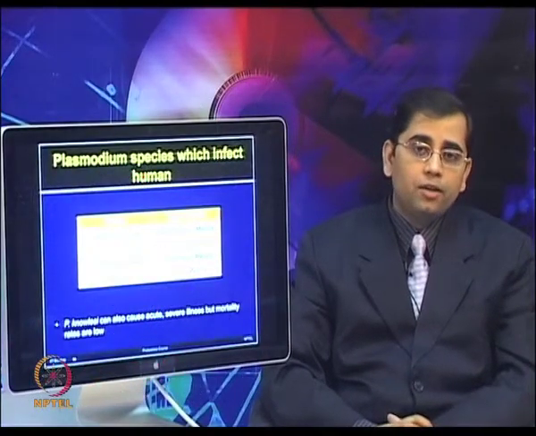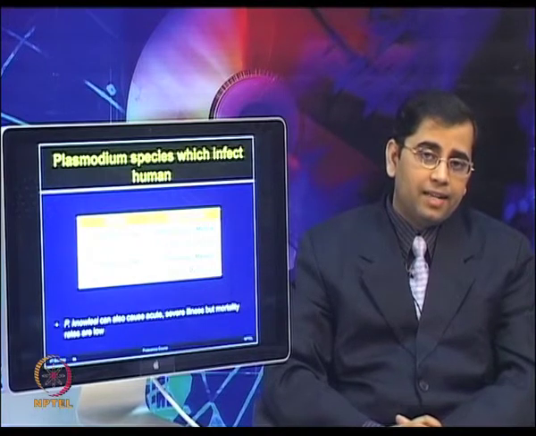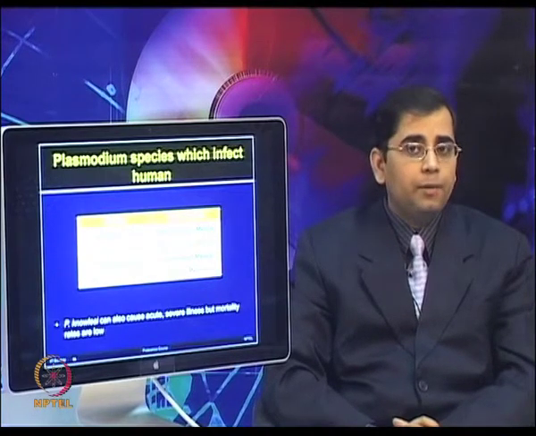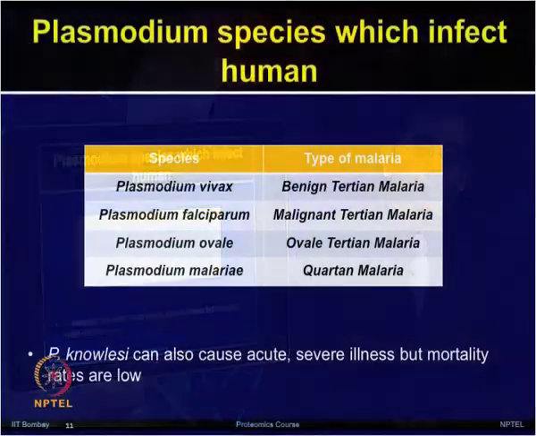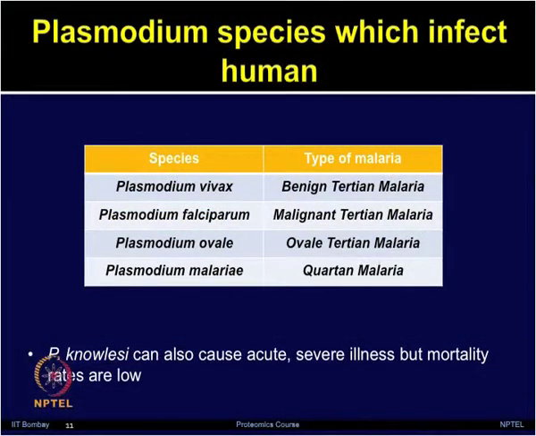various species of malaria parasites which cause different types of malaria. Plasmodium vivax causes benign tertian malaria, Plasmodium falciparum malignant tertian malaria, Plasmodium ovale tertian malaria, and Plasmodium malariae quartan malaria.